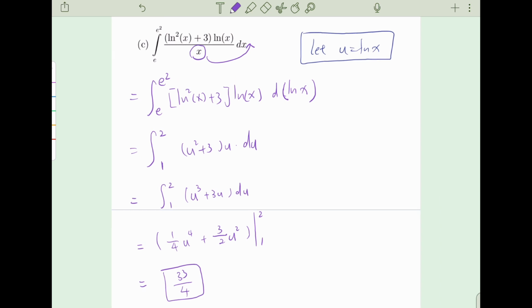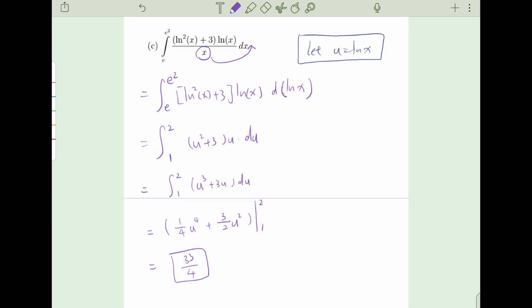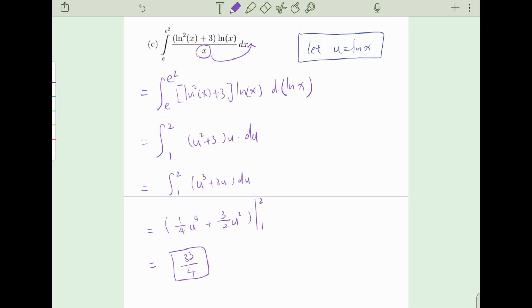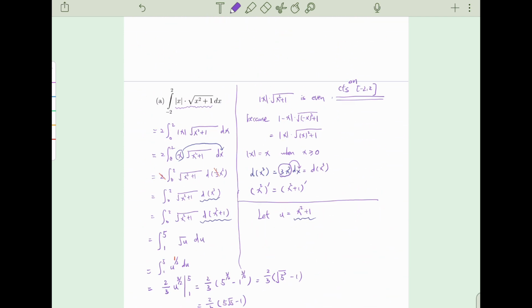And you see there's, as before, nothing too difficult. The one thing that may be difficult is how to observe what kind of substitution you need to use, and that comes with experience and practice. That's why we're doing lots of examples here.